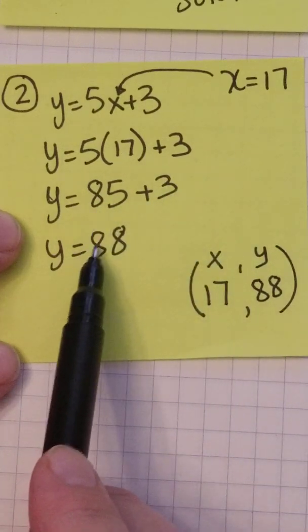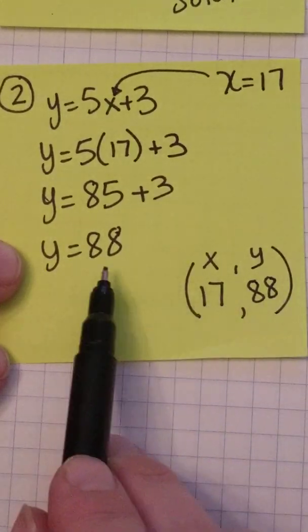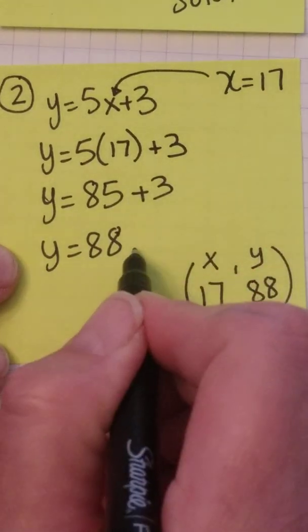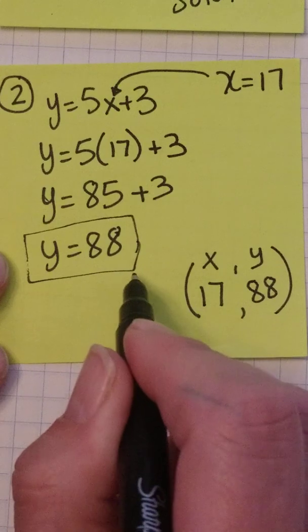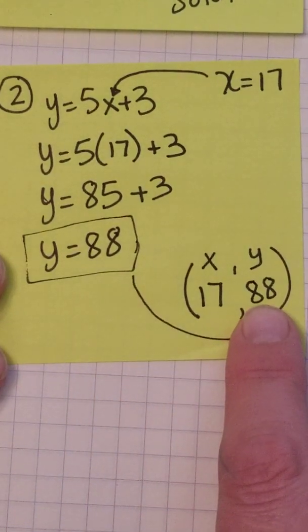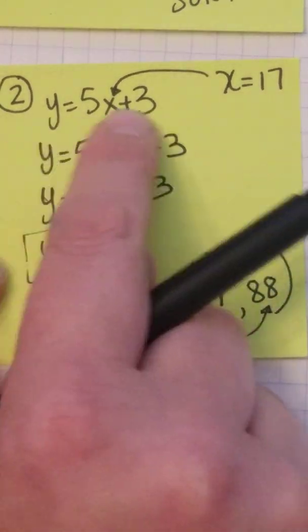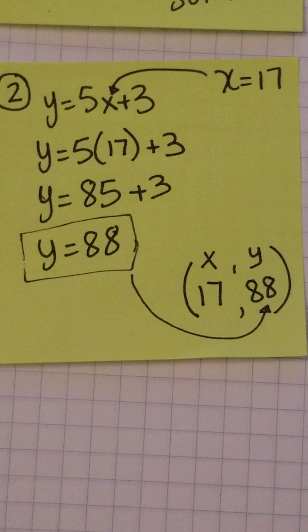I work out and I simplify the right side of my equation, and I end up with y equals 88. That y equals 88 gets plugged in to the coordinate pair. This point would be on the line of this graph that is y equals 5x plus 3.